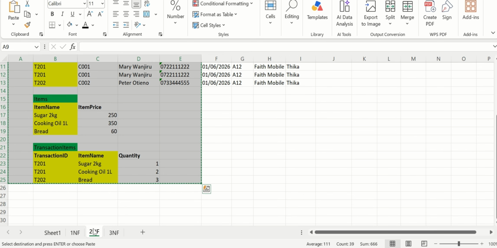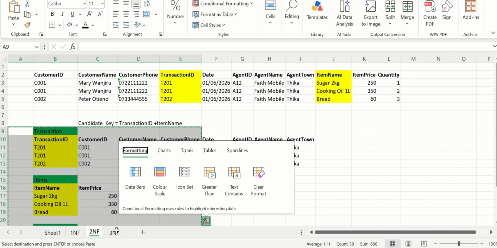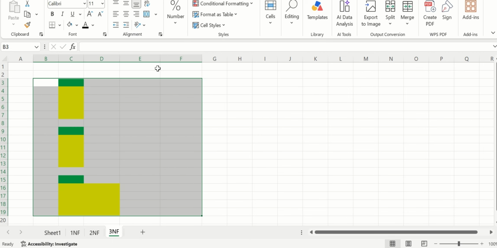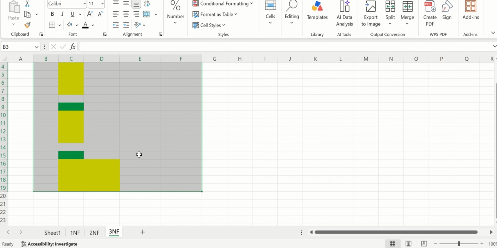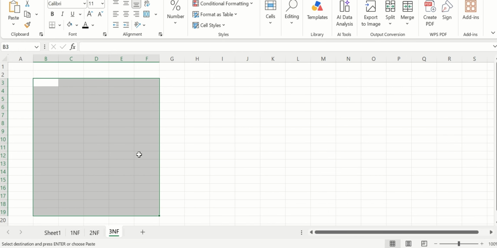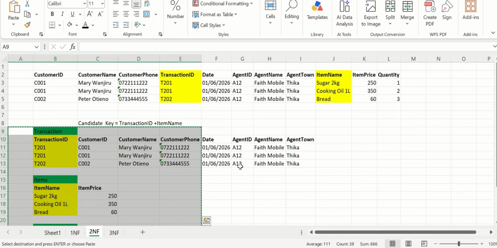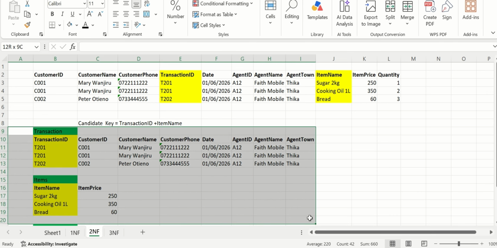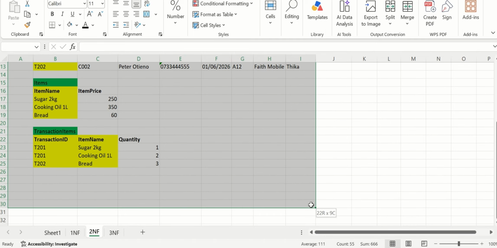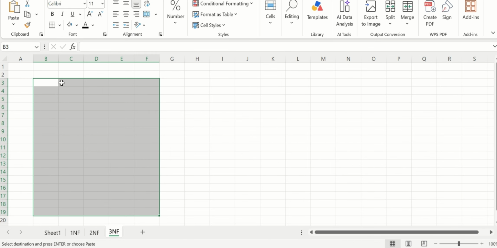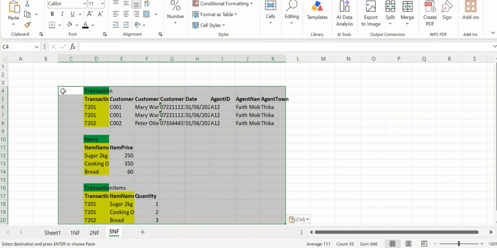Yes, so let's copy the whole of second normal form, that is copy, and then paste here.